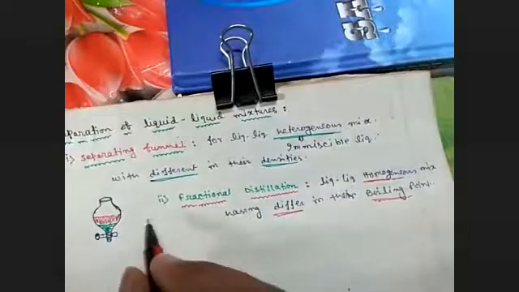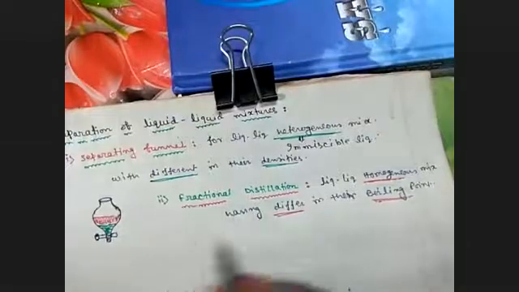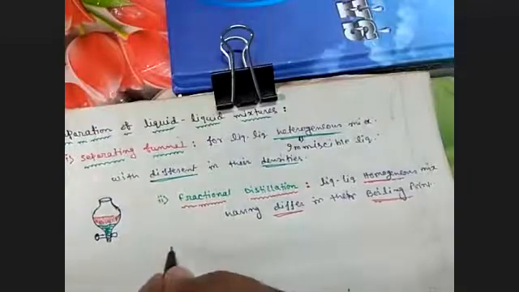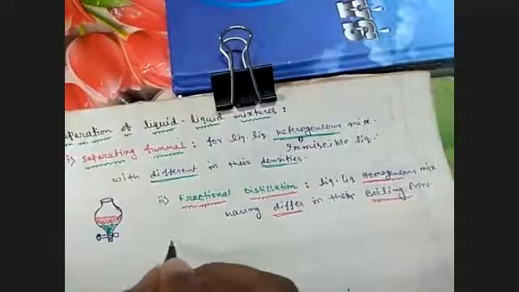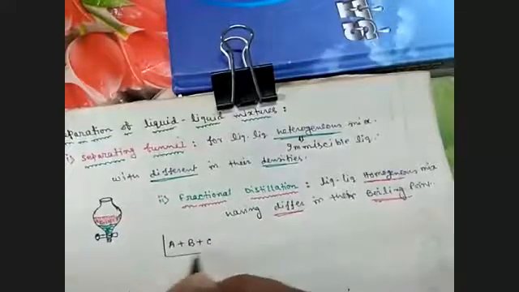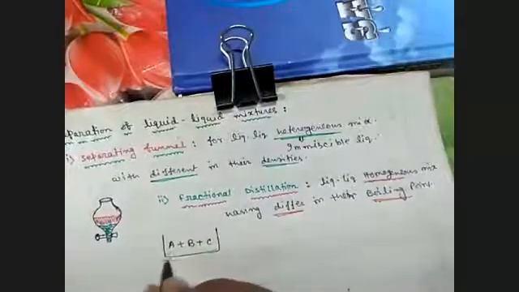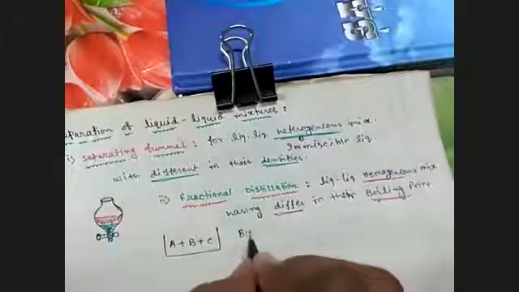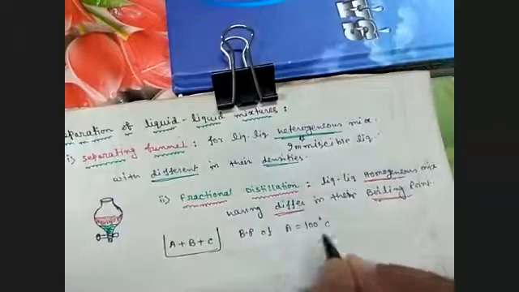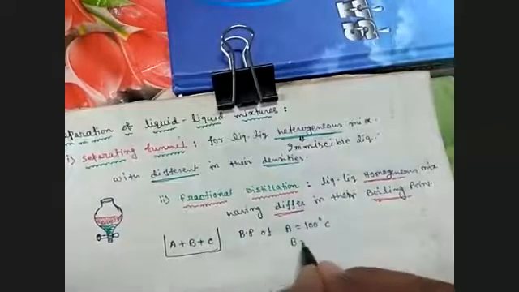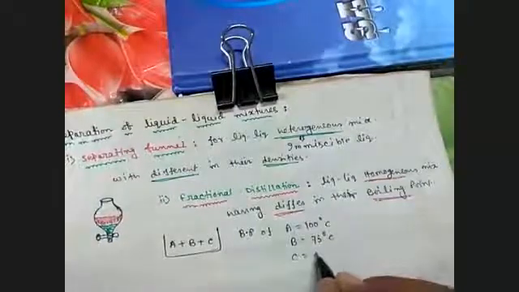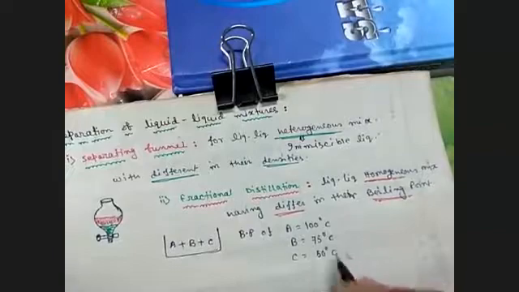So what we will do in fractional distillation now, suppose we have three liquid mixtures, suppose A, B and C. This is a liquid mixture where boiling point of A is suppose 100 degrees Celsius, B is 75 degrees Celsius and C is 50 degrees Celsius.